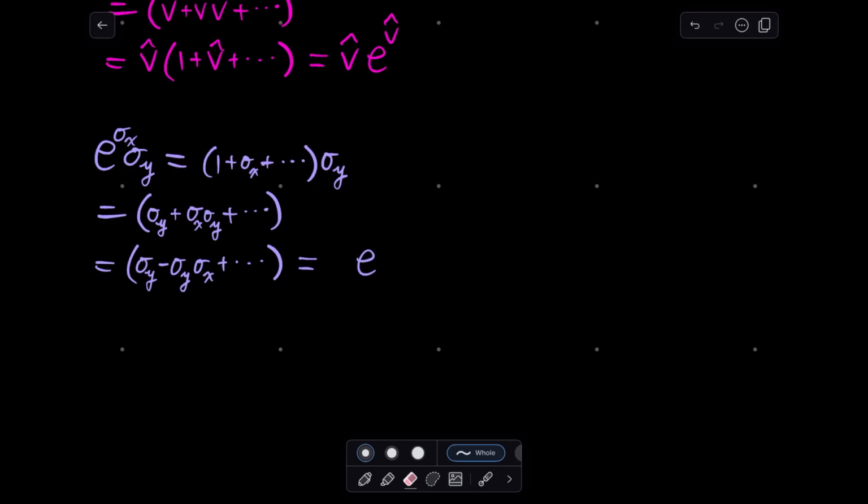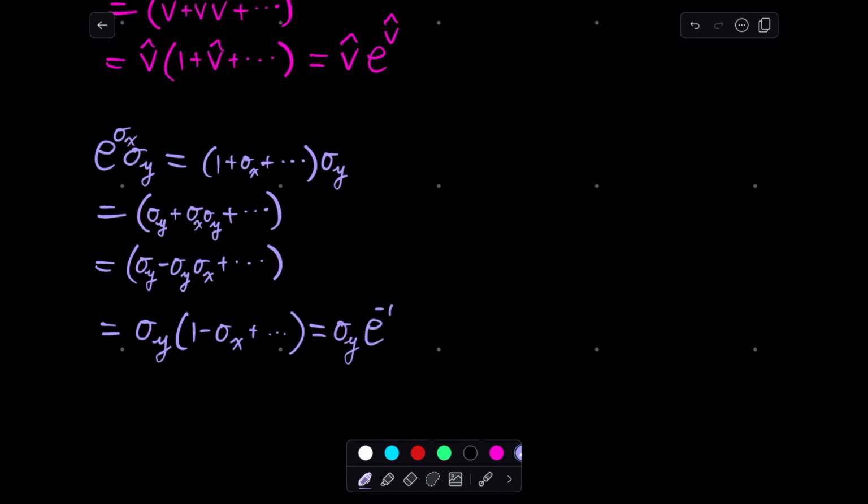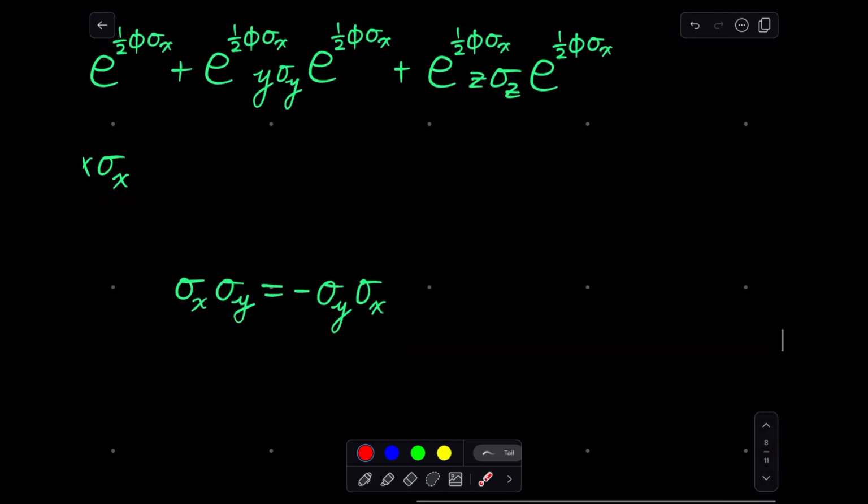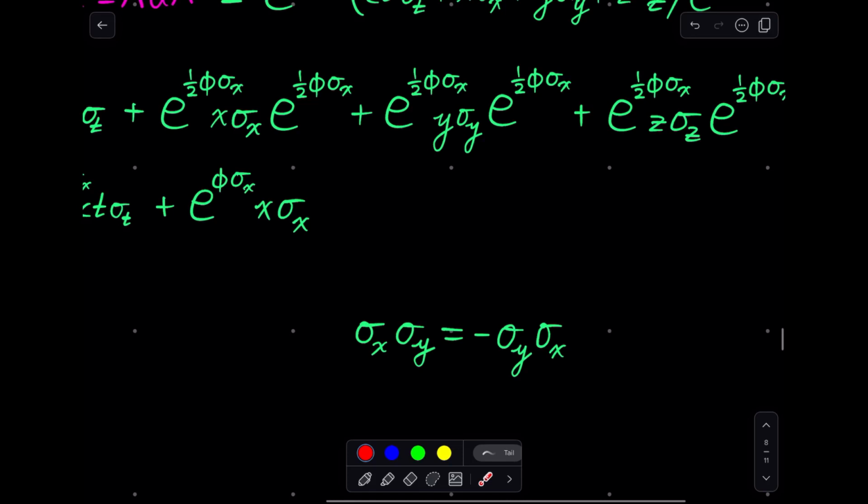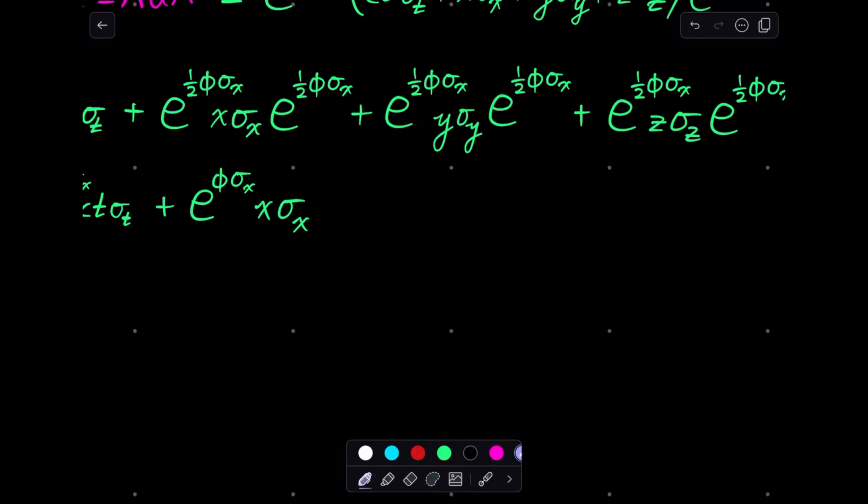And this means that in the end, you can pull out the sigma y on the other side, but you have 1 minus sigma x plus the corresponding terms, and this is defined as e to the negative sigma x. You have a negative sign now. So as we swap sides with this, we end up with a negative sign.